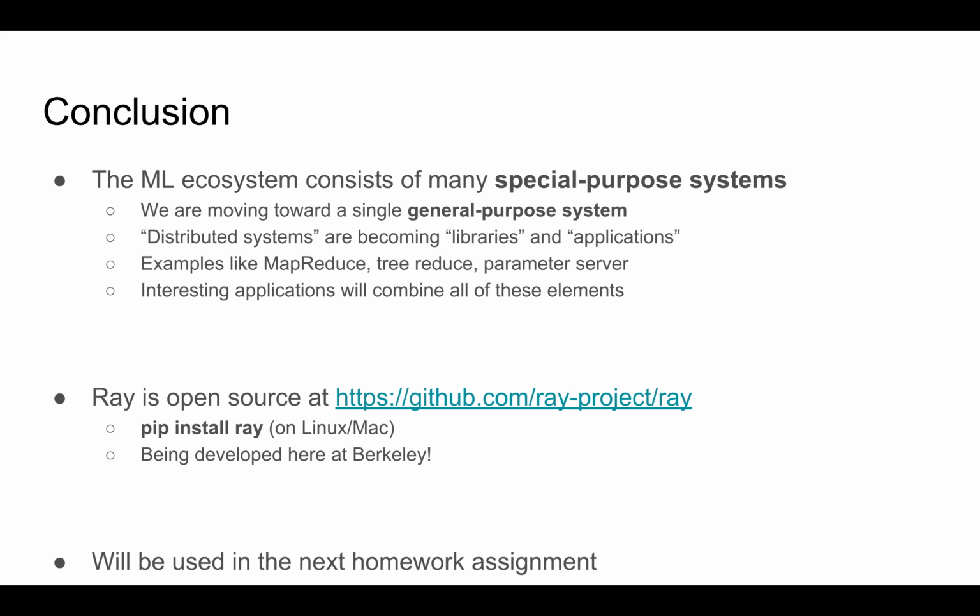So things like training, hyperparameter search, and data processing. Those are things that we're trying to make possible to do in a unified way on top of a single system. So that's all. Thanks a lot.